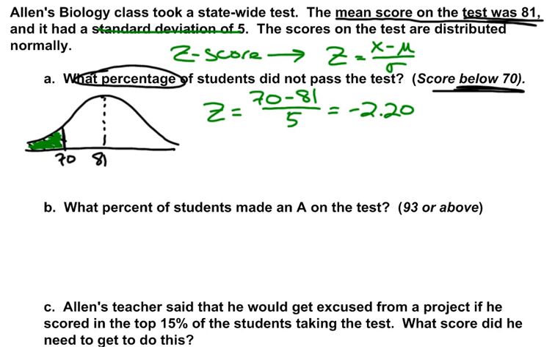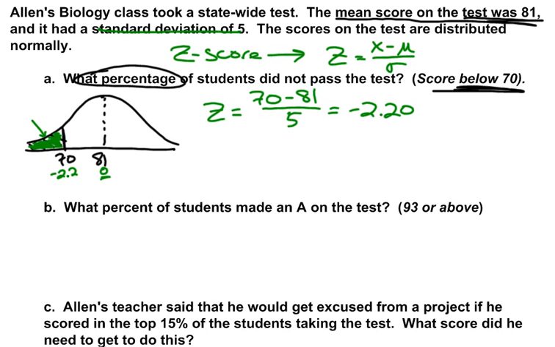And we want to see what comes below that Z-score on the normal distribution. So we've set this and shifted things so that our mean is now 0, and we have a value of negative 2.2 that we're looking at. So we need to find the percentage that is down here below it, and in order to do that, we're going to go to the normal distribution table.